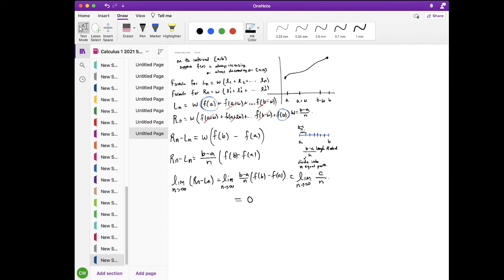A limit as n goes to infinity of c, where c is equal to b minus a times f of b minus f of a. So one thing you do have to worry about is f of b equal to f of a? Right, that would give you a 0 over 0, and that would be bad, right? Can you say why it's not true?